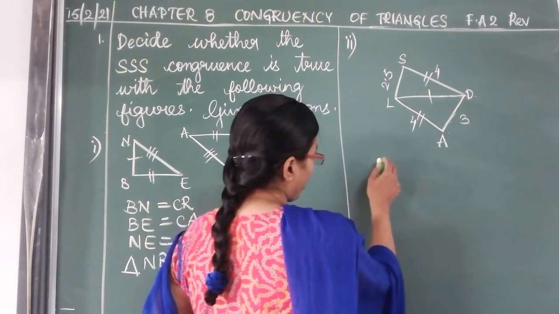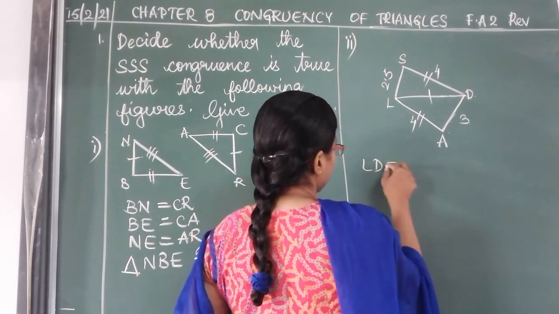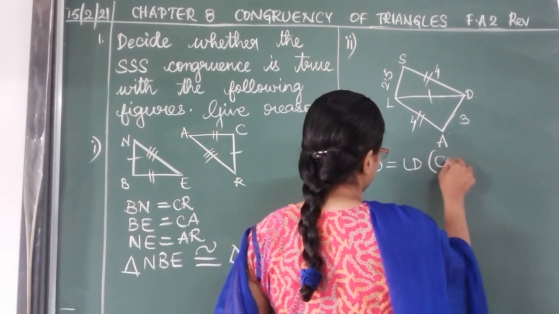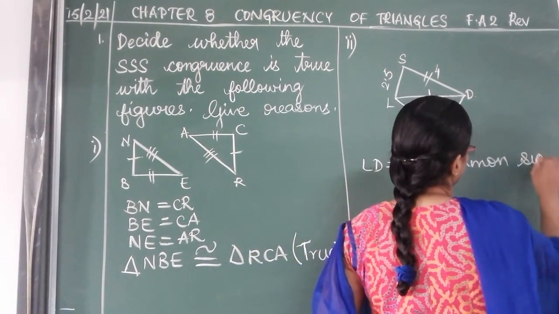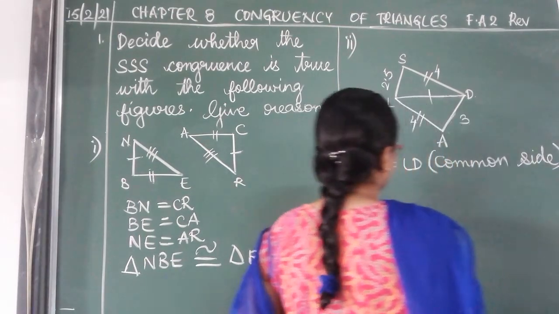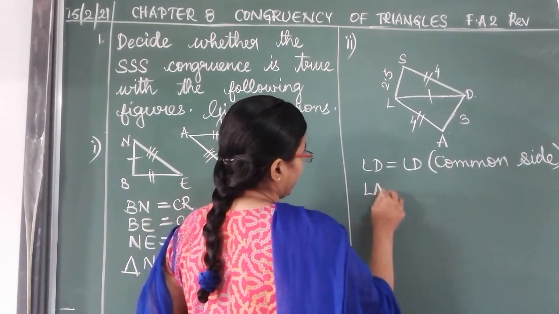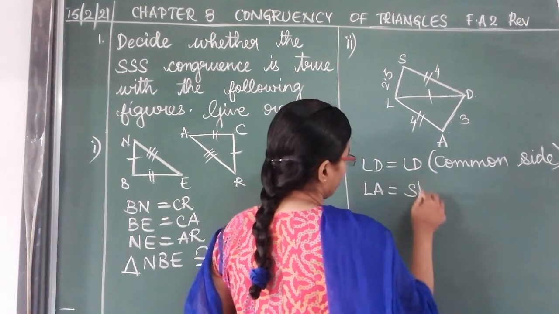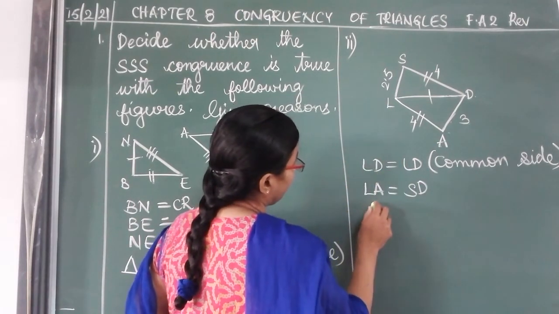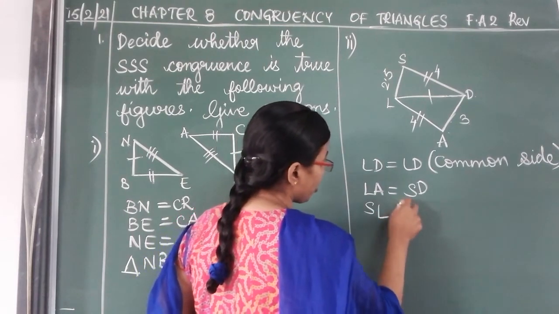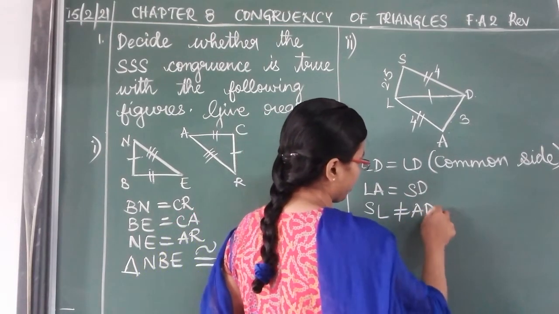So now let us write LD is equal to LD, common side. Then LA is equal to SD. Then SL is not equal to AD.